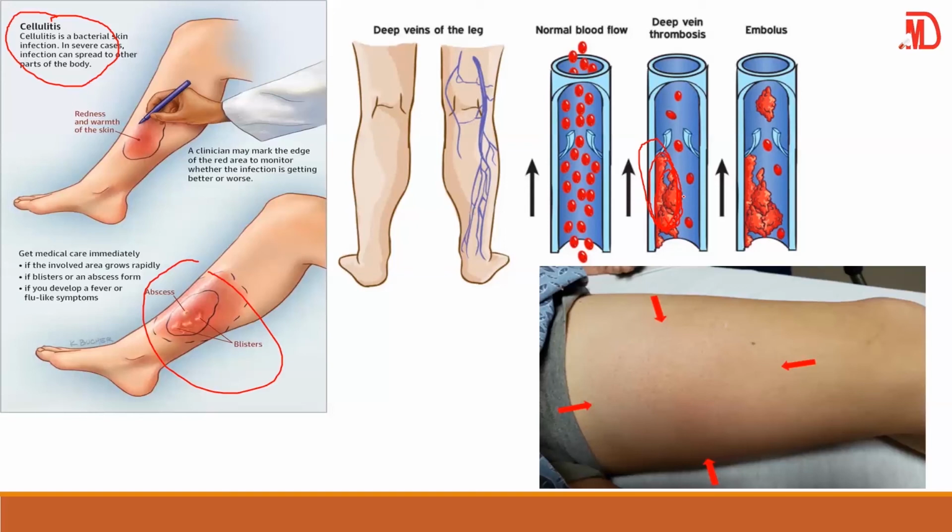And if you don't take care, one of the things that actually kills our patients when they have deep vein thrombosis is this embolus. It will go and attack the lungs, and hence we call it pulmonary thromboembolism, isn't it? And it will kill you very fast.